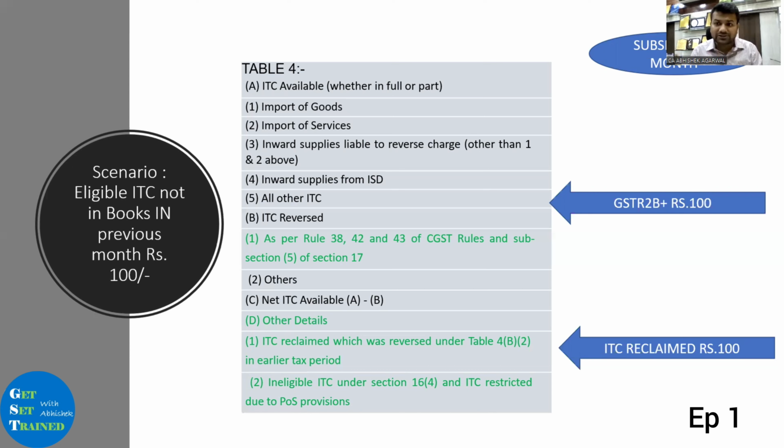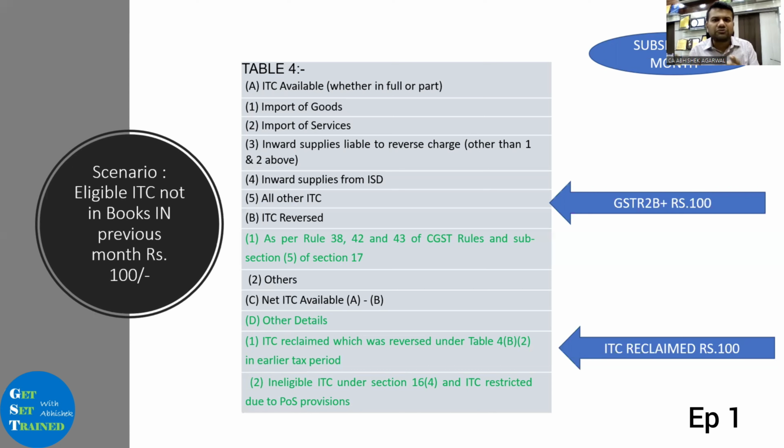Friends, what is important to note is that if you are not disclosing it in 4B2 in previous periods, it will be tough to substantiate when you disclose it in 4D1 in subsequent periods, right? So this is very important to understand, what changes they have imposed and how we need to follow.